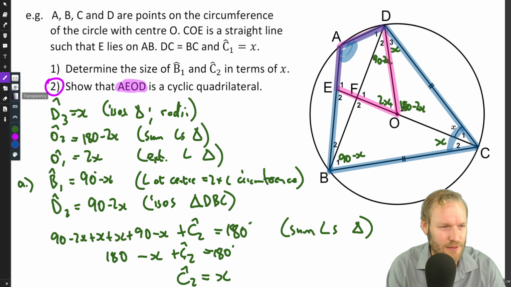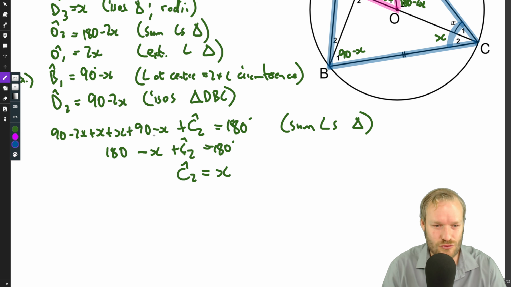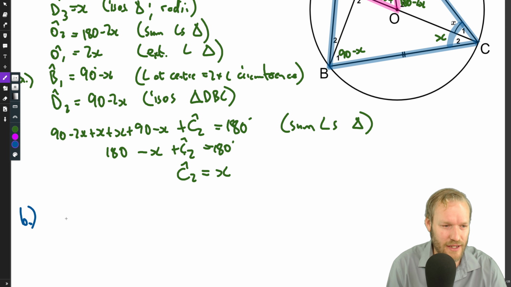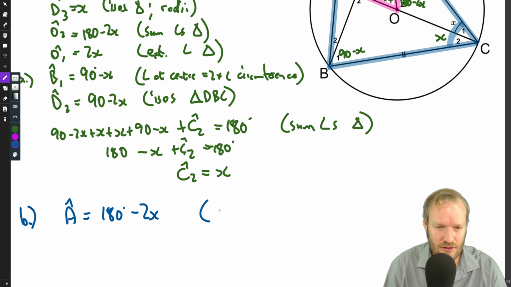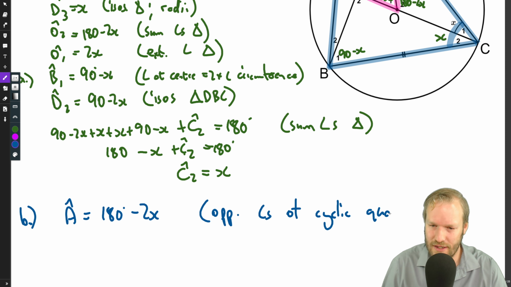Well, let's capture that, because we needed to find out what angle A was. So angle A, I'm going to do it over here, so we're in part B. Angle A is 180 minus 2x. Our reason for that: opposite angles of cyclic quad. It's the opposite angle from angle C1 and 2.